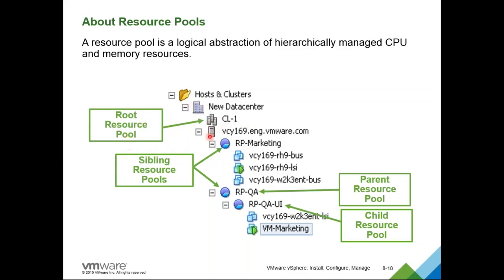If you additionally add any resource pools on your ESXi hosts, those are called child resource pools or sibling resource pools. It's not a single resource pool, it's multiple. When multiple child resource pools come, we call them child resource pools or sibling resource pools. Are you able to follow me?